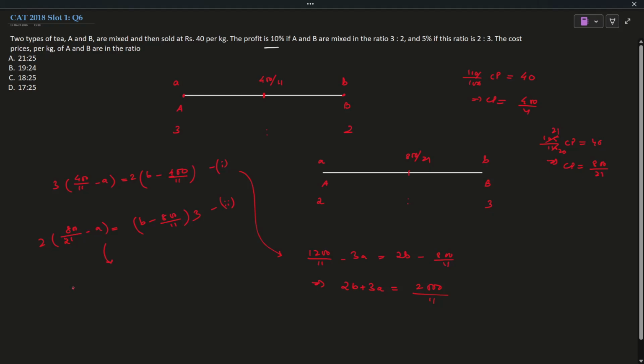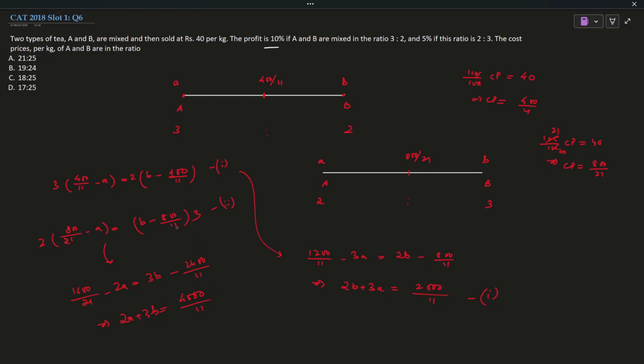From here I can say 1600 by 21 minus 2a is equal to 3b minus 2400 by 21, or I can say 2a plus 3b is equal to, this will get plus, so 4000 by 21. Pretty simple, guys. This is our first equation. This is 21, right? This will be 21 or 11, guys.